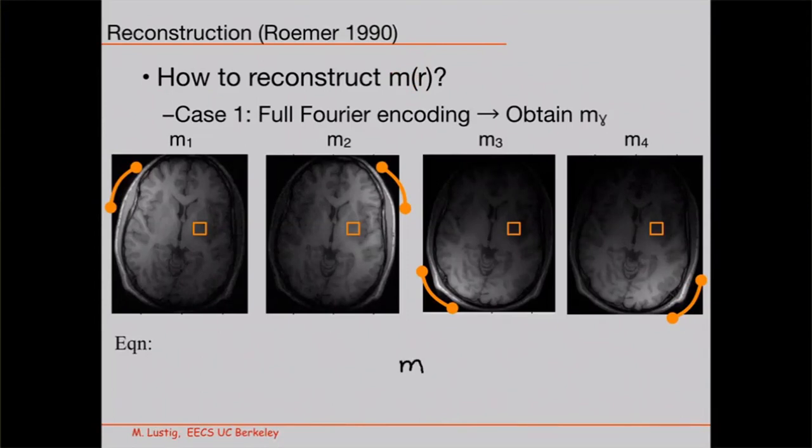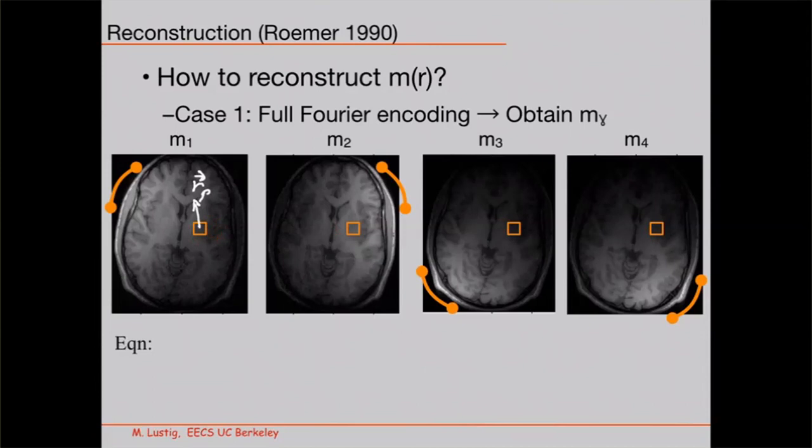First of all, what we could do is just work one voxel at a time. We need to figure out how to combine those 4 voxels into one value. So this is the magnetization at, let's say, R sub P. This is position R sub P. So what is the forward model?